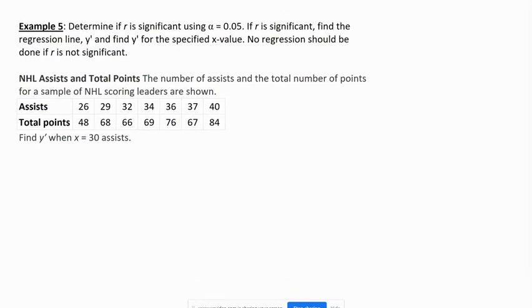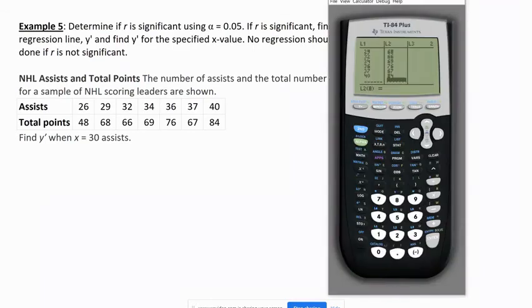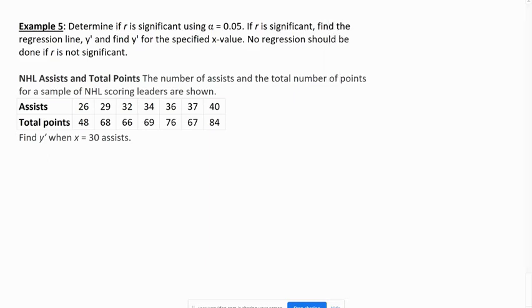Again, pause your video, enter the data, and then press play when you're ready to compare. Okay, so again, I have the data entered. I go to stat, tests, linear regression t-test. In this case, our p-value is 0.013.